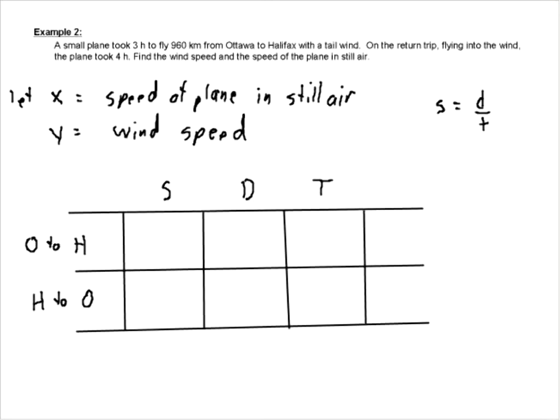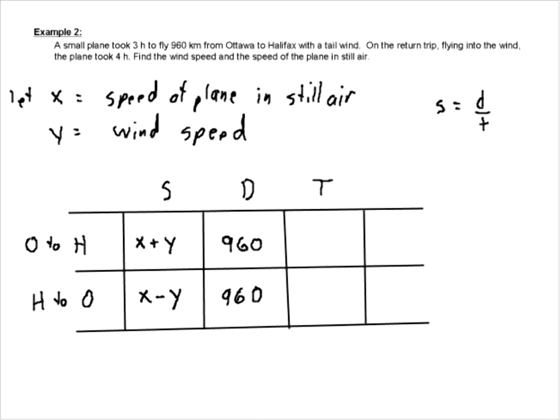So our speed from Ottawa to Halifax is going to be the speed of our plane, x, plus that wind speed, y. And if you're flying back into the wind, it's going to slow down that plane, so we're going to have x minus y. We're assuming that the wind is the same both ways. And what's the distance? Well, let's look at the problem there. We know the distance is 960 going both ways.